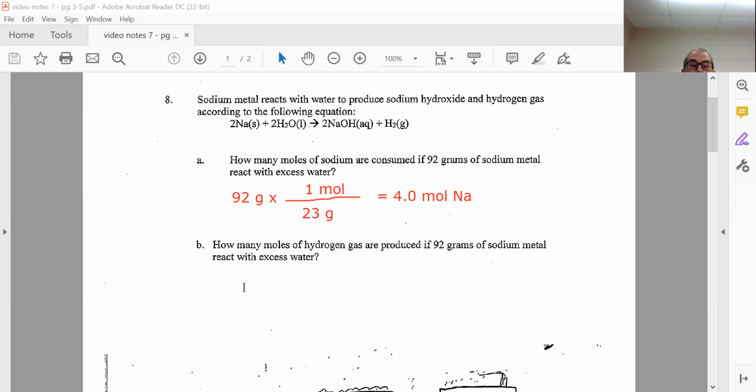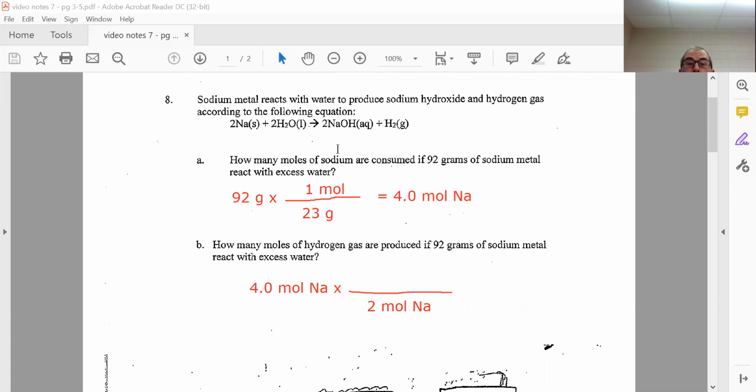So I can take this and say 4.0 moles of Na, and then I'm going to times that by, I'm going to go through my mole ratio. I'm going to put on the bottom the moles of sodium, and I'm going to put the 2 from the equation there. So I'm going to say 2 moles of Na.